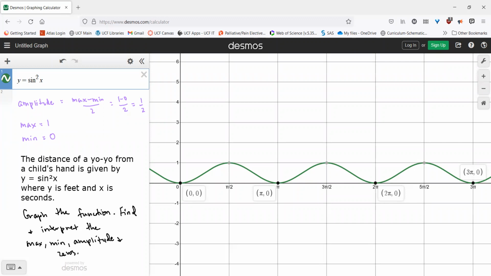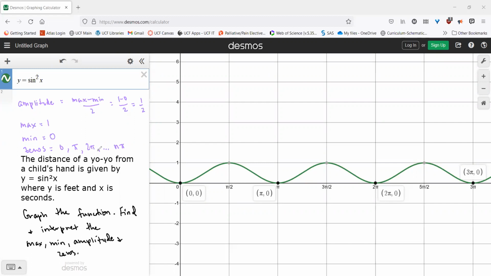Let's write that down. They're at 0, pi, 2 pi, and so on. When we have multiples of pi like that, we can write it as n pi in general. So all of our zeros are at multiples of pi. We found all the pieces that we wanted: the maximum, the minimum, the amplitude, and the zeros.